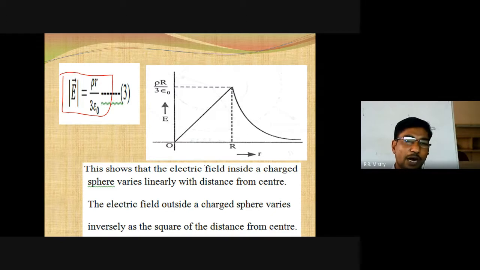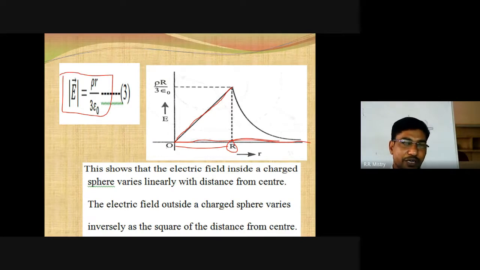Now these three cases we will discuss graphically. In the graph, draw the distance from the center of the sphere, from O to R, where capital R is the radius of the sphere. The electric intensity increases linearly up to the surface of the sphere.